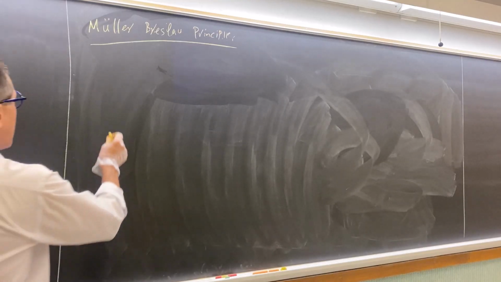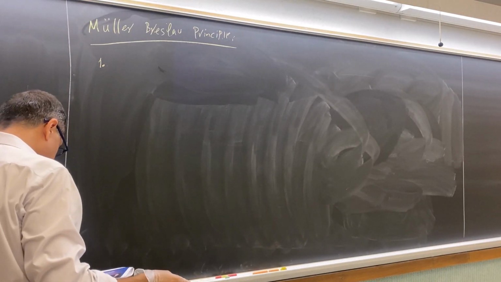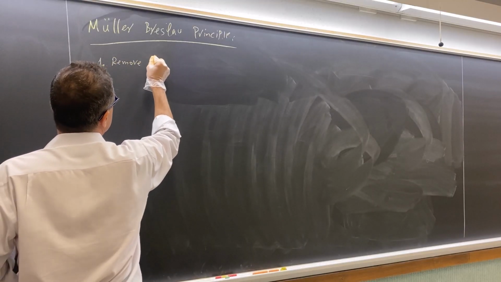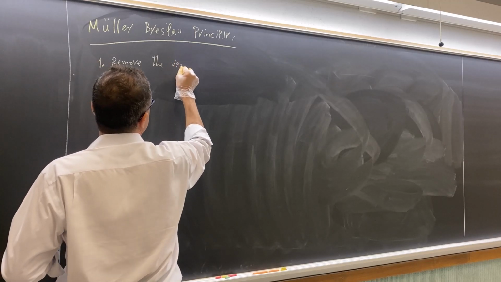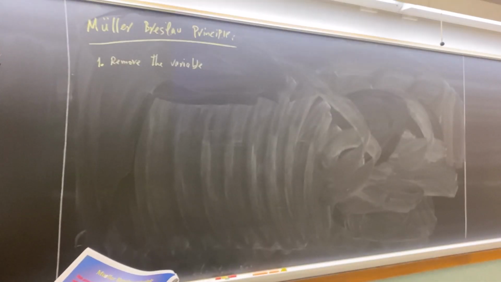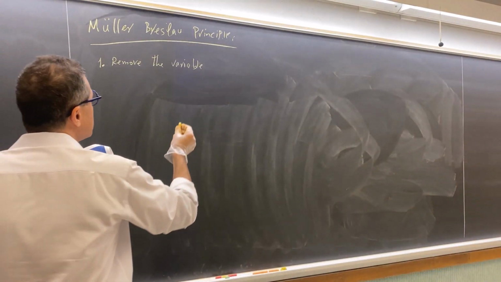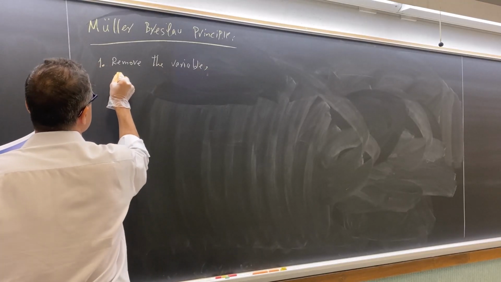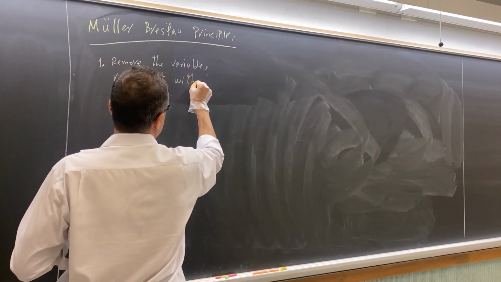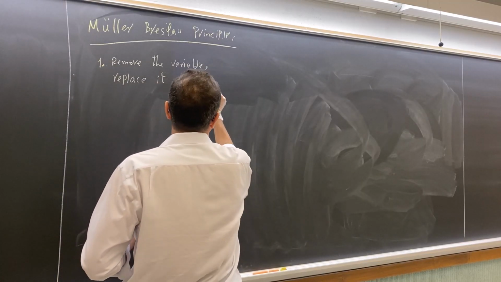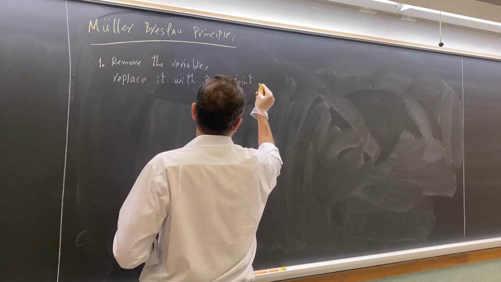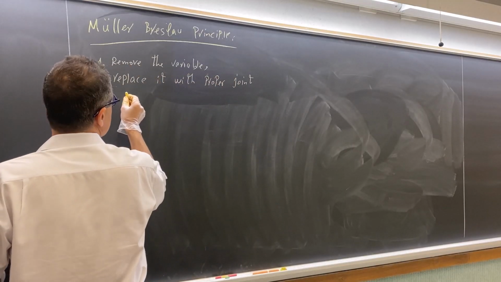It has different steps. Step number 1, remove the related variable. You may not understand it, but when we practice it with questions, then you understand. And then replace it with a proper joint or support.